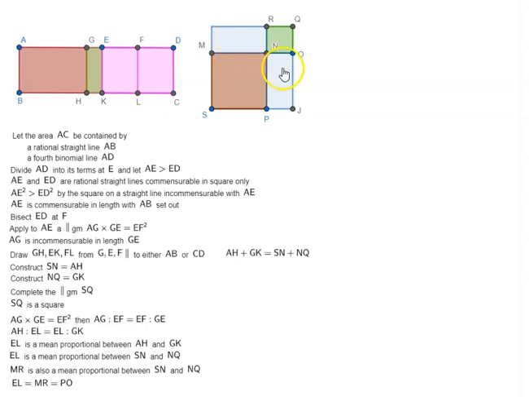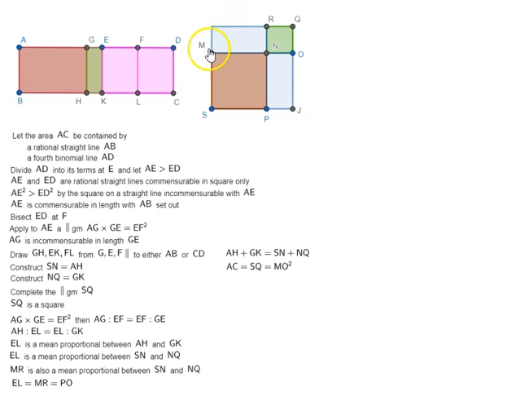So this is equal to the sum of these two rectangles. So AC, the complete rectangle, is equal to SQ, the complete square. That SQ can also be written as MO square. Why? Because MO is equal to SJ.